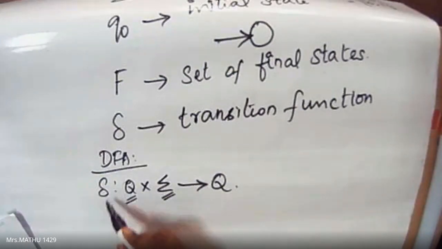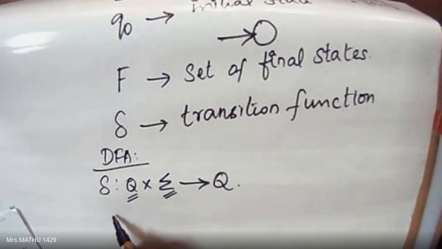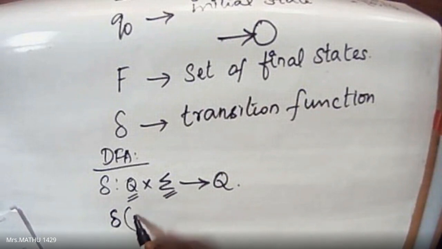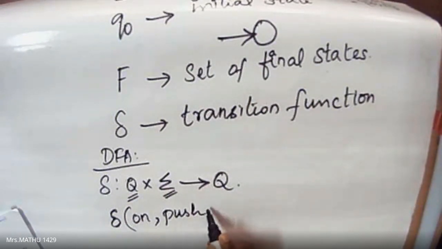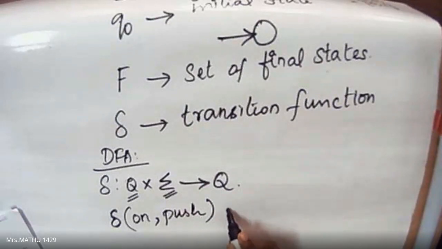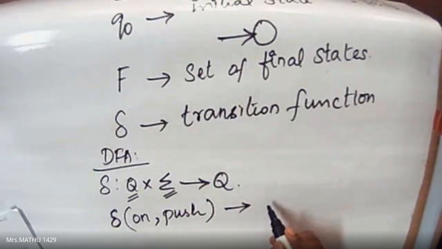For example, we will take that example itself. This delta symbol represents the transition. Let me take the on state. If the state is on and the symbol is push, if I push it, where will it go? Can you give me the answer?